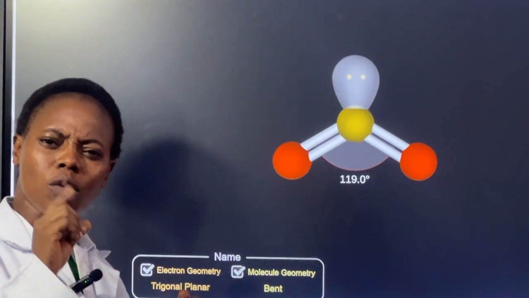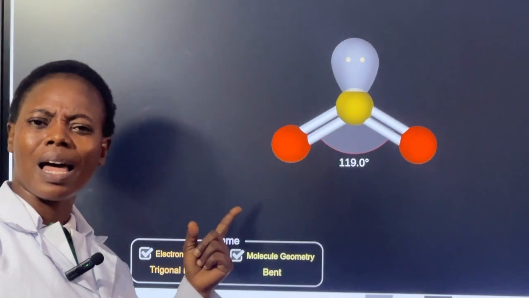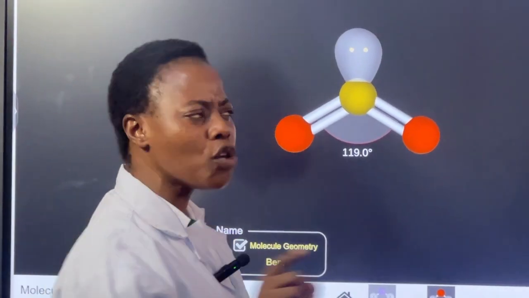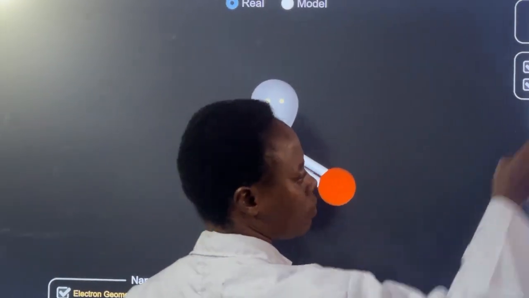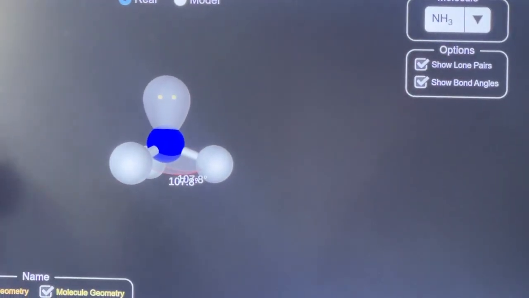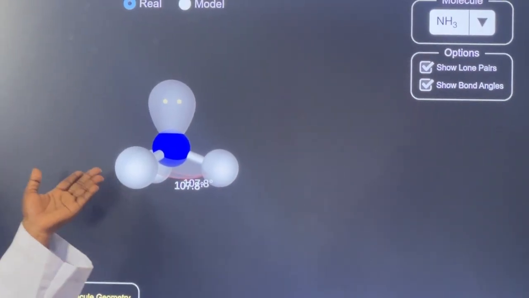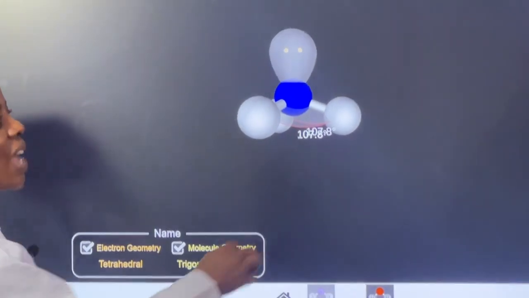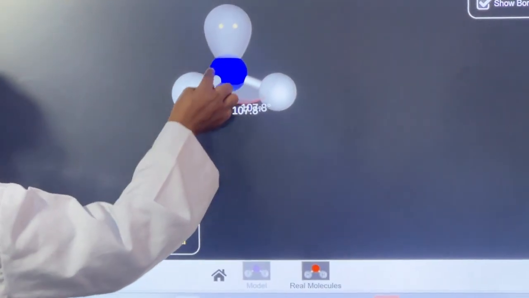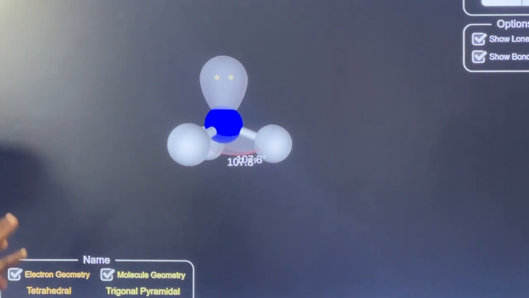Let me take you to one more example that is a bit similar to this, and that is ammonia. So let's look at ammonia. Ammonia, good. This is ammonia, and the central atom in ammonia is our nitrogen. So it is represented by the blue circle.